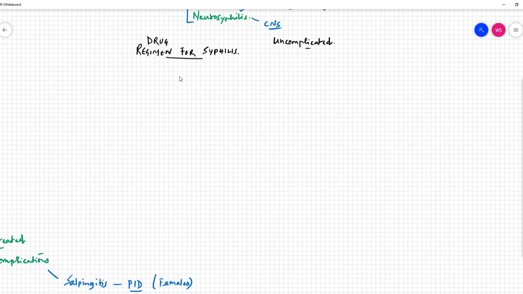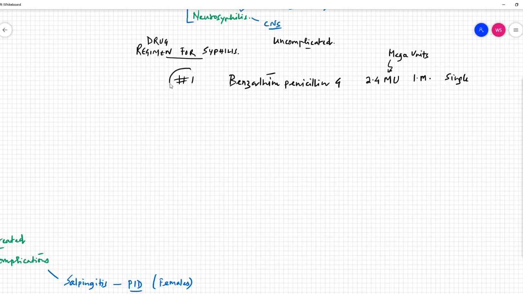So the treatment is, the first one is benzathine penicillin G, and this is given in 2.4 mega units. Okay, MU meaning mega units, given as an IM dose. It's a single dose. Okay, this is the first regimen.